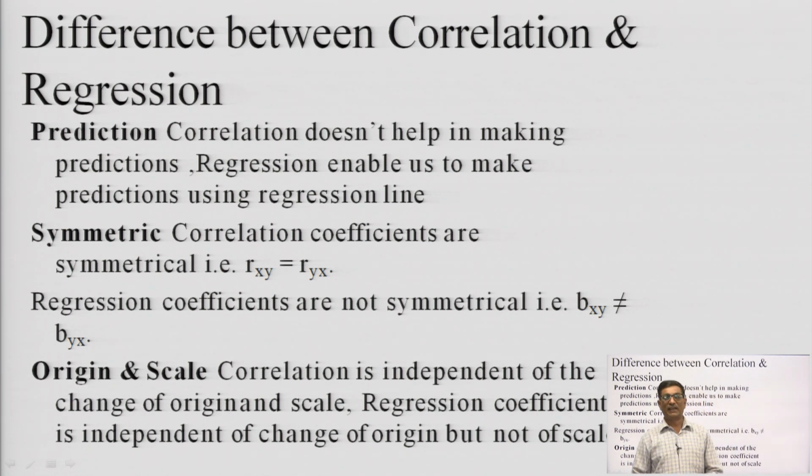If we change the measurement scale, like ratio scale or ordinal scale, the regression coefficient will change. So, these are the main three differences between regression and correlation.